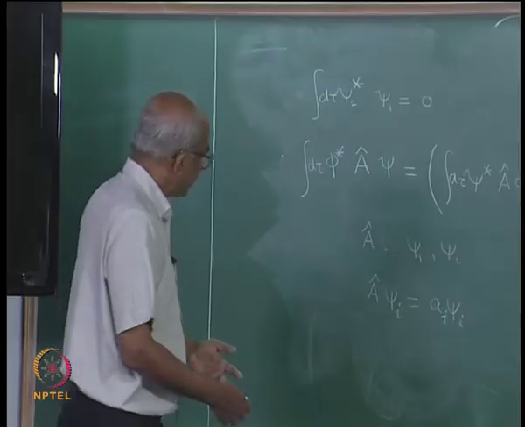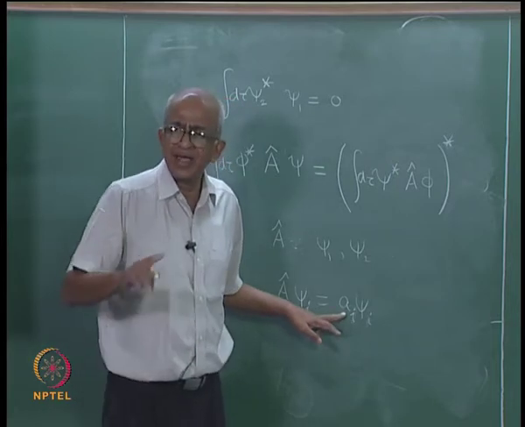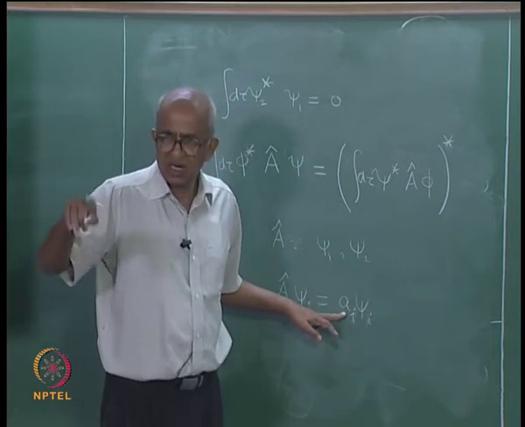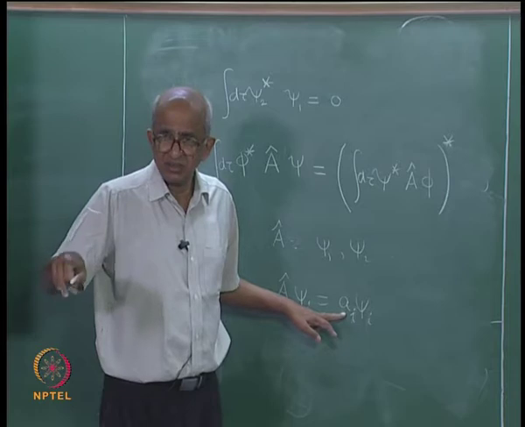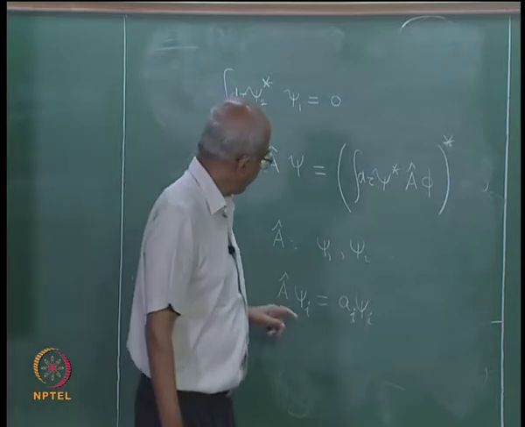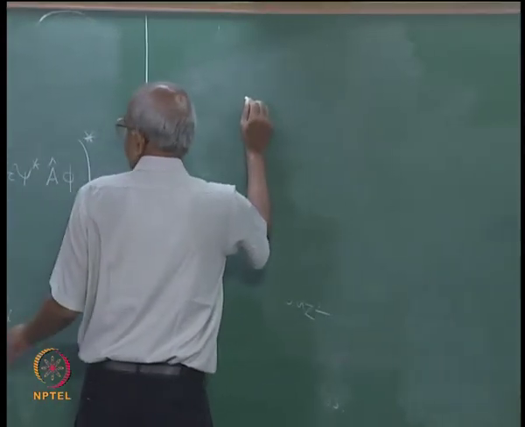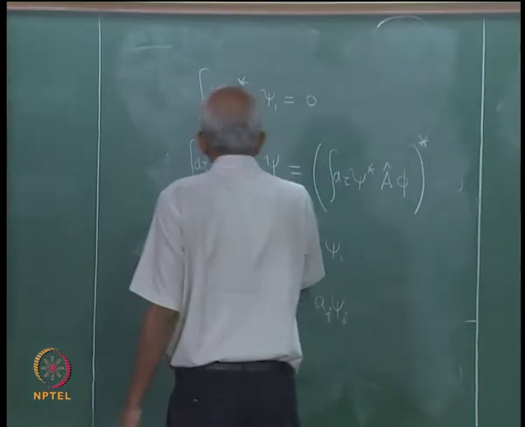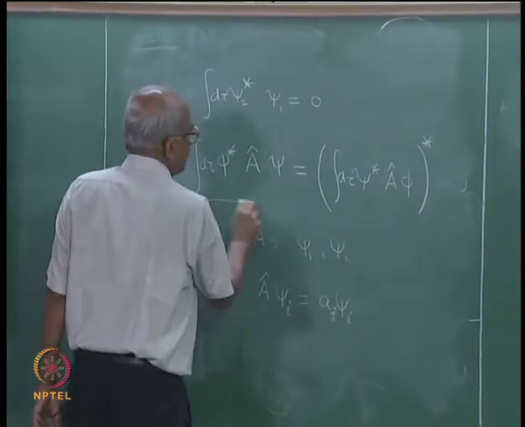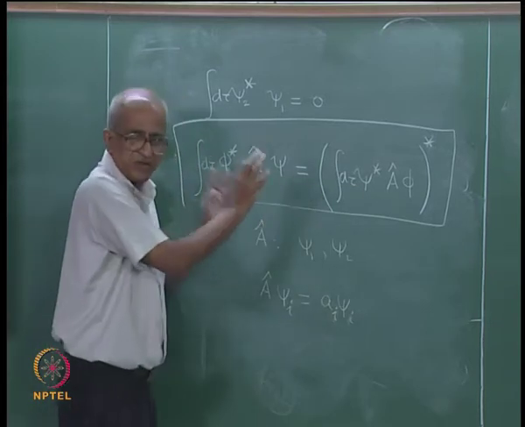And what is it that I want to prove? I want to prove that all a i's are real numbers, they cannot be complex. So, how will I prove it? The answer is actually extremely simple. In this equation that I have, this is guaranteed if the operator A is Hermitian.